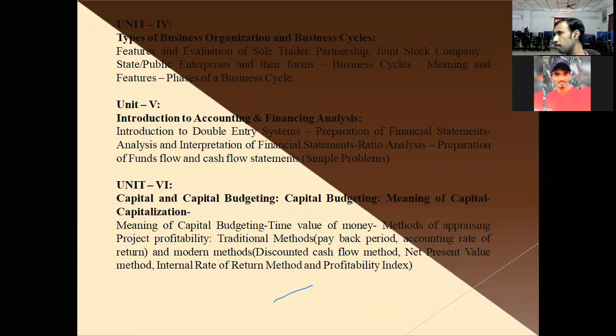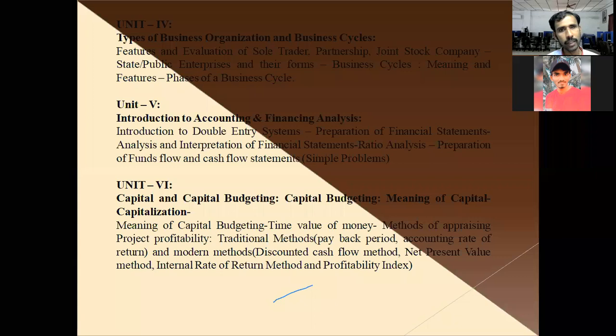One is sole proprietorship, second is partnership business, and the third is joint stock company. So I'll give you an introduction about what a sole trader, a partnership business and a joint stock company are in this unit. At the same time, I'll teach you about various public enterprises, and the different types of public enterprises are also explained here.